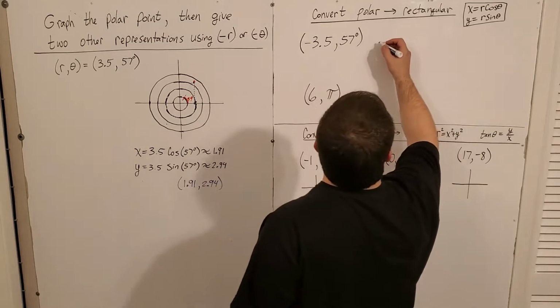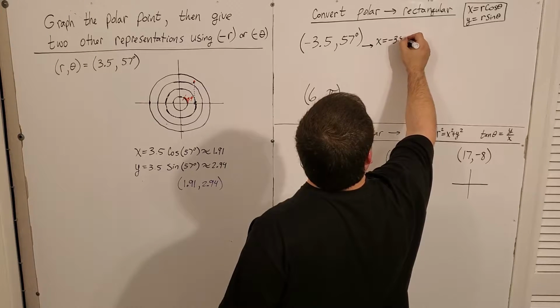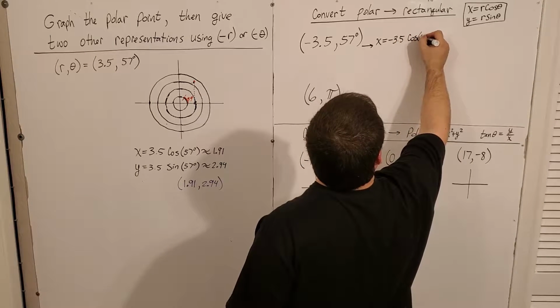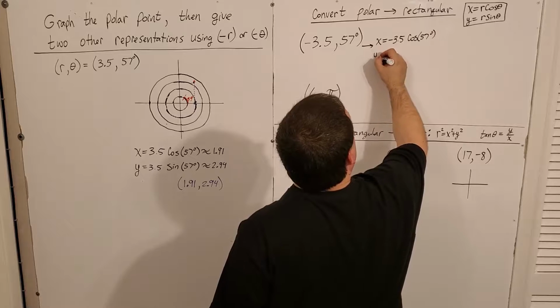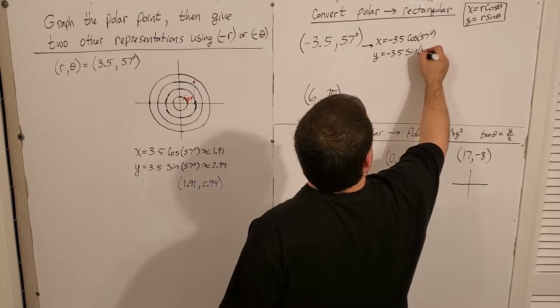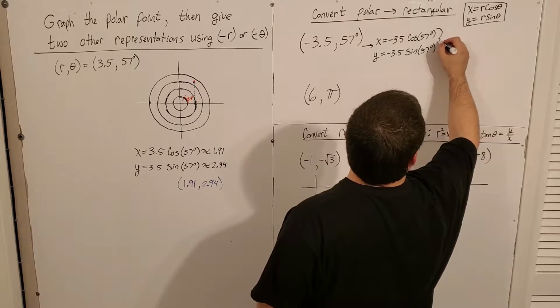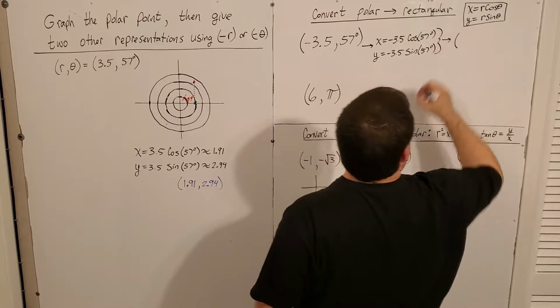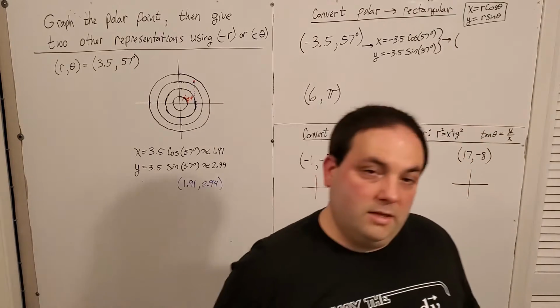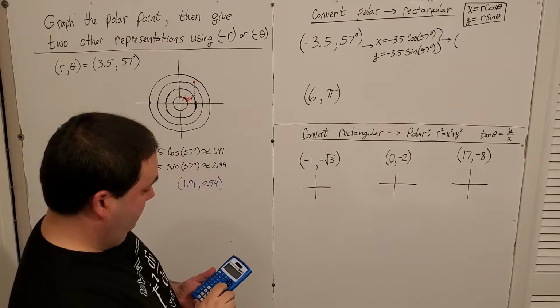Right here, when I convert, I'll say x is equal to negative 3.5 cosine 57 degrees. Y is equal to negative 3.5 times sine 57 degrees. Okay? And those two put together are going to give me, go ahead and punch it up like we did before, right?